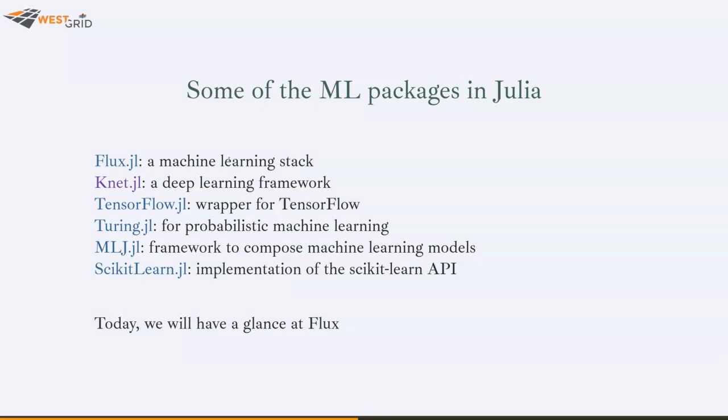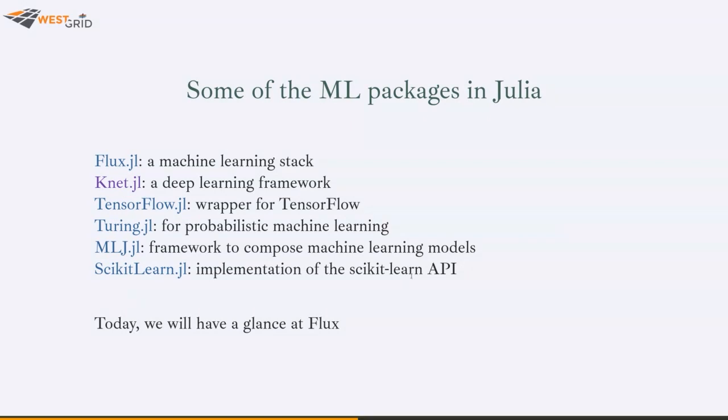This is only a subset, but Flux is probably the most popular, and it's a machine learning stack. But you have also KNet, which is another deep learning framework. There is a wrapper for TensorFlow. Turing is for probabilistic machine learning. MLJ is another framework to compose machine learning models.